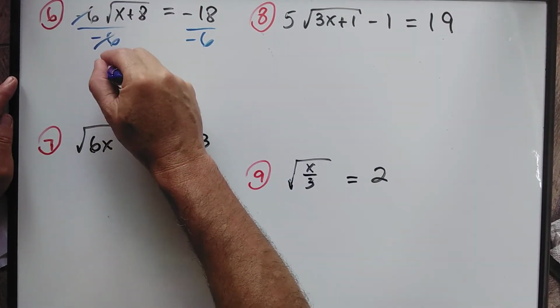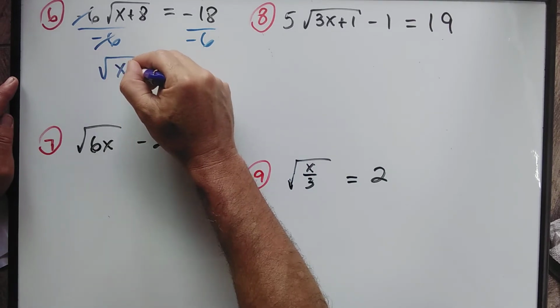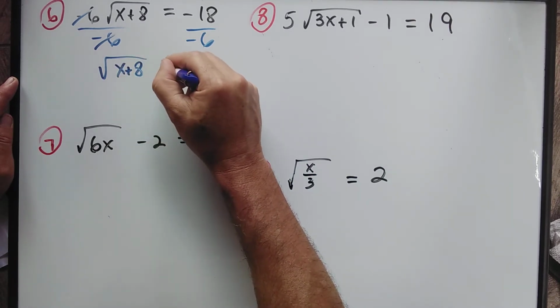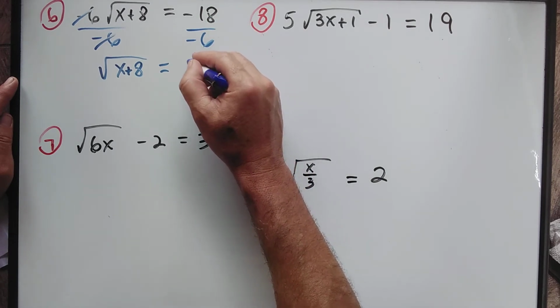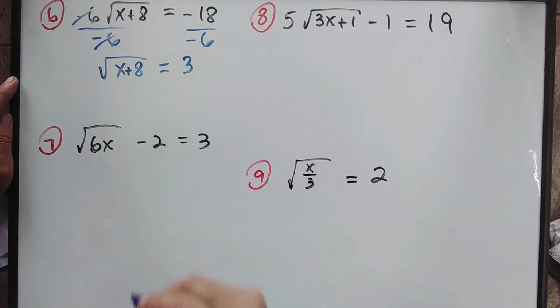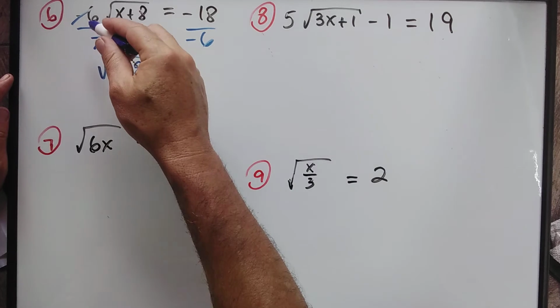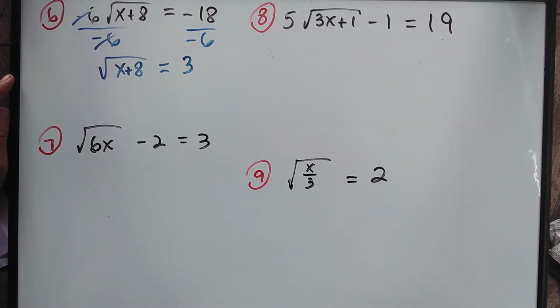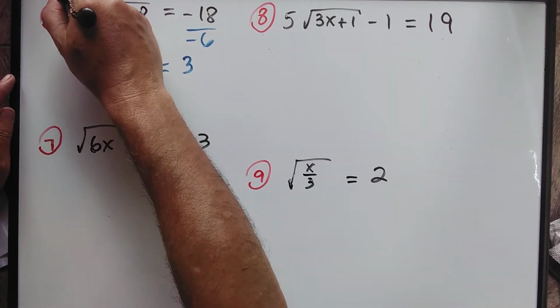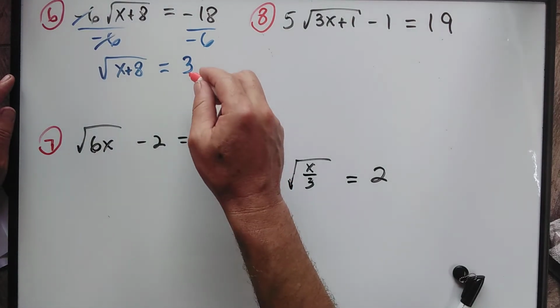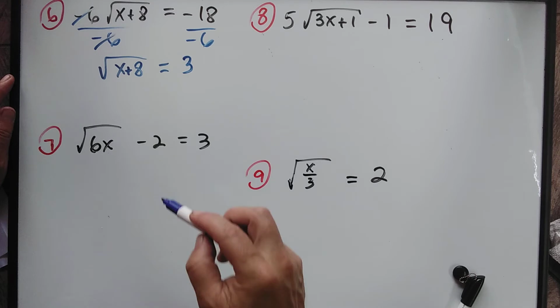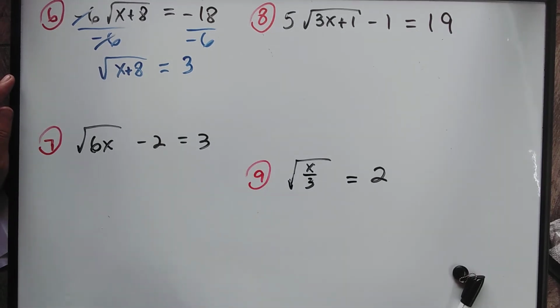I got square root of x plus 8 equals -18 divided by -6, which is positive 3, so it's no longer a negative number. So that wasn't a no solution answer, because once you leave the radical by itself, this number becomes positive, so it's not a no solution problem.